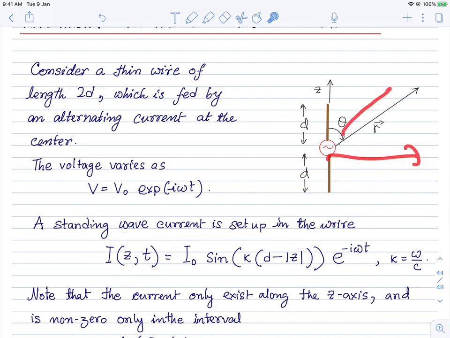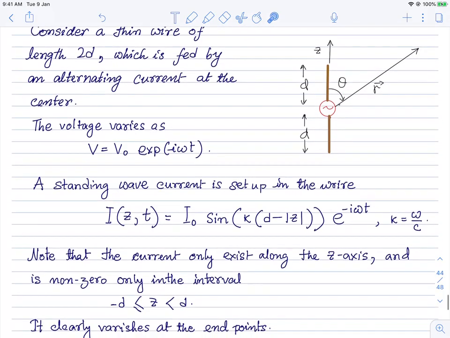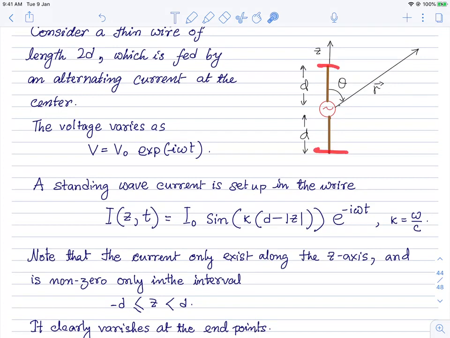The xy are these axes, and it's only a function of z, but also not for all z. z is limited between −d and +d. Between −d and +d there's a current that is set up, and that current is a kind of standing wave current within this conductor. So this is one way to represent that standing wave current.